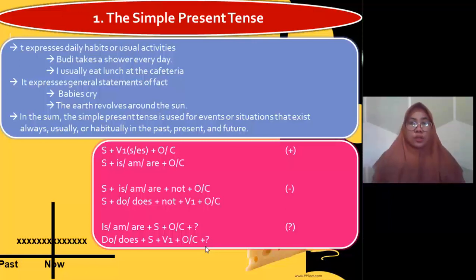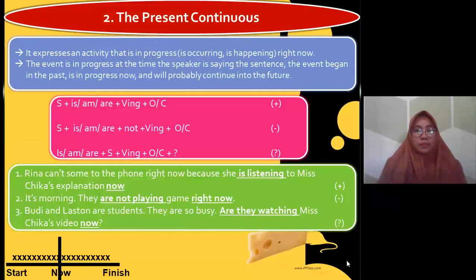With a rising tone. That's for the interrogative. And here, this is the picture. You can use the present tense if you apply it to daily activities: often, always, usually. That's the simple present.